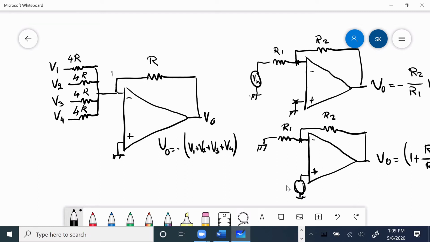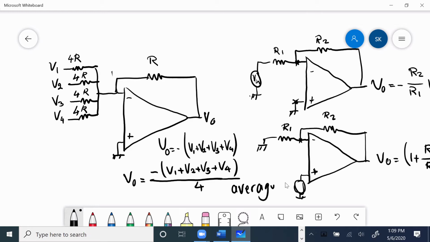And here, my V out would be minus V1 plus V2 plus V3 plus V4 over 4, which means it's the average. So this circuit is an averaging circuit.